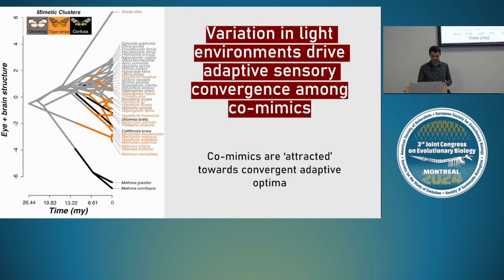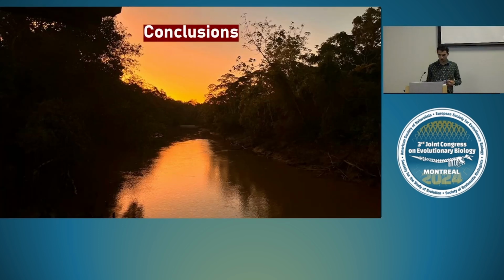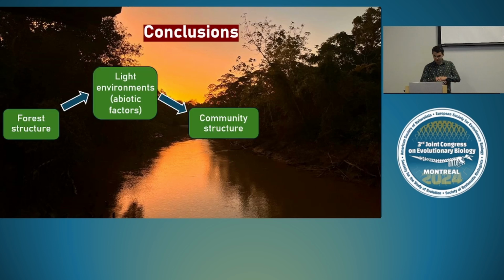So to conclude then, what we've shown is that light abundance within rainforests can contribute to multiple dimensions of adaptive niche separation and predict species distributions within these diverse tropical rainforest communities.